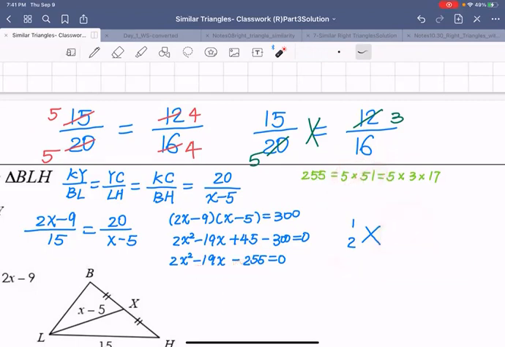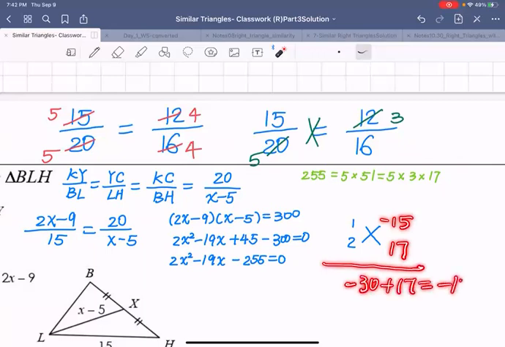What else you want to try? This we already denied, okay? Go ahead, try here. 15 and 17. How much? 15 and 17. You want to give which one to be negative? How much? Negative 13.